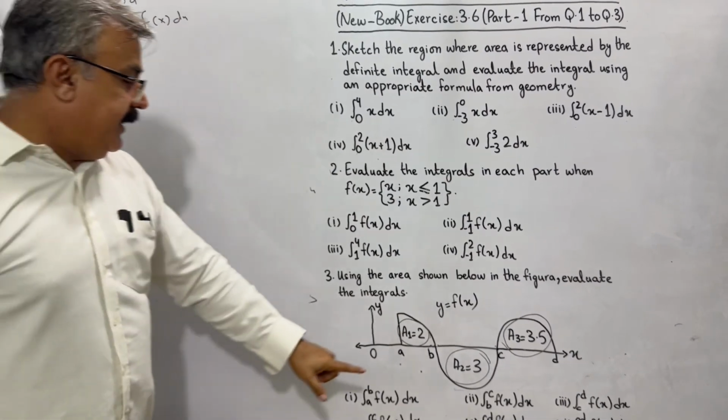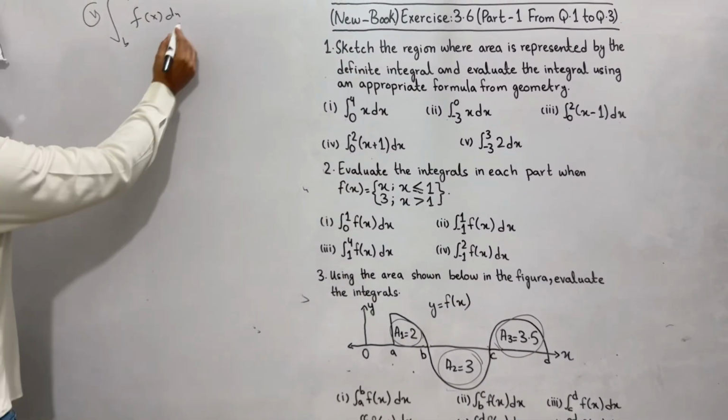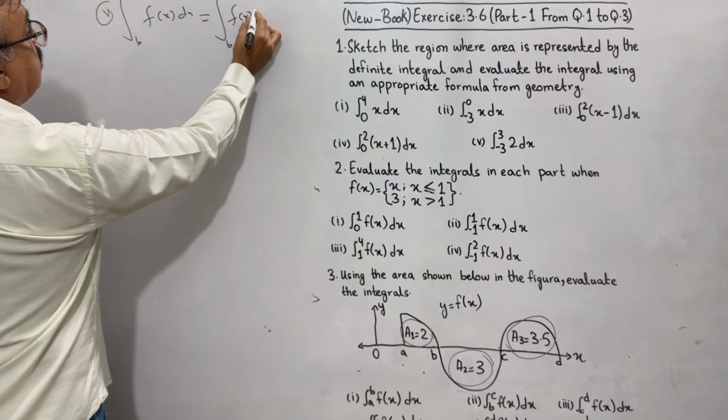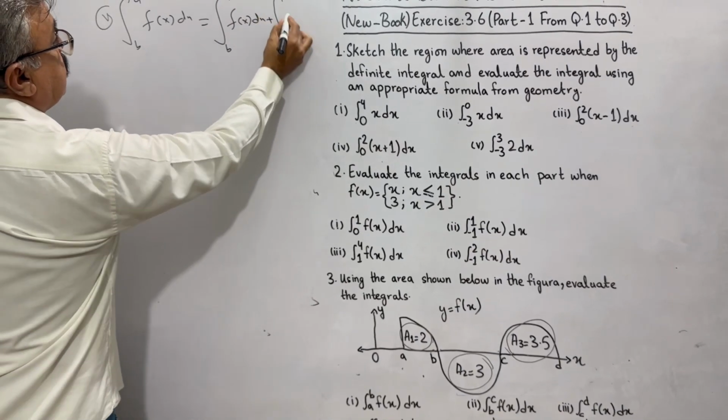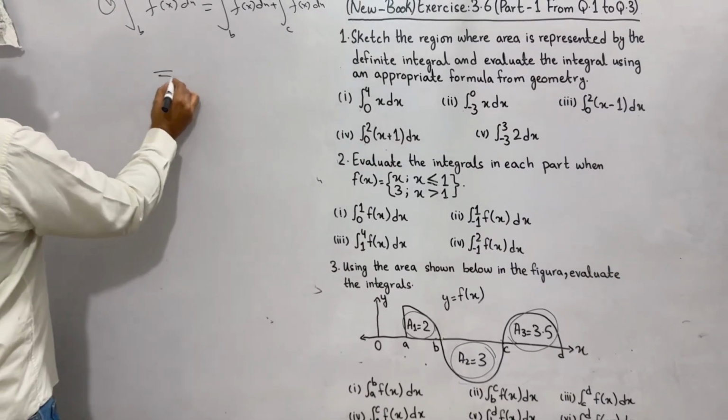According to the given interval, it can be broken down into the integral from B to C of f of x dx plus the integral from C to D of f of x dx.